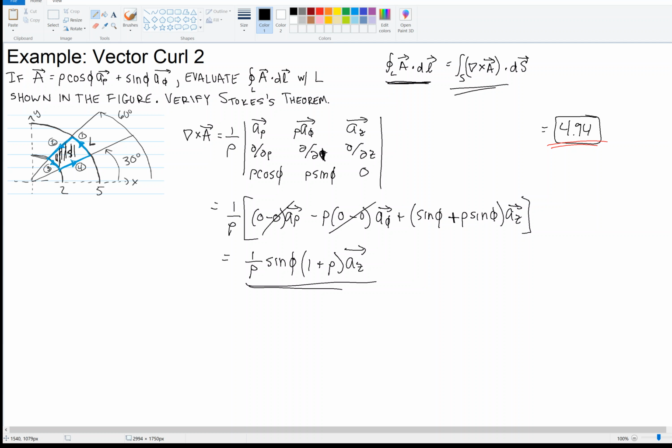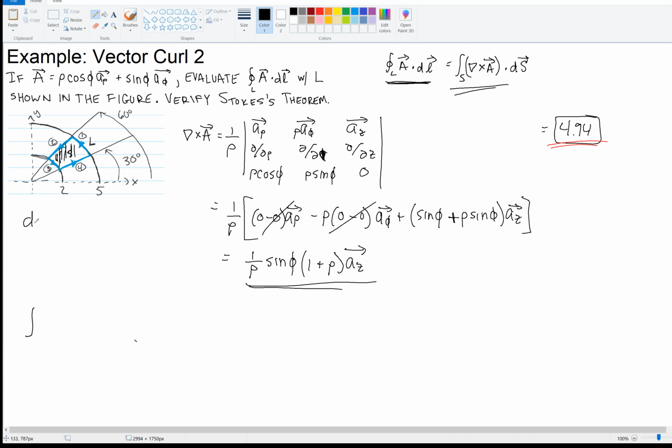But now we need to evaluate the surface integral of that curl. Okay, so here's our curl, and when we dot it with ds, what are we going to have? We're going to have a little bit of simplification. But let's first talk about ds in this case. So we ask ourselves, what is changing on that surface? Well, for a surface, two things change. Z does not change because we're in the xy plane.